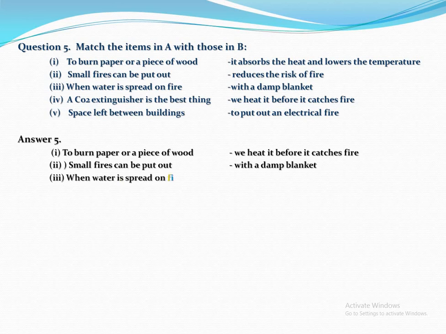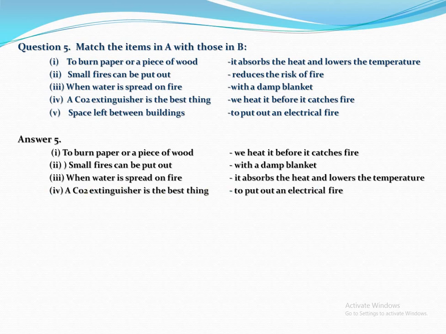Third one, when water is spread on fire, it absorbs the heat and lowers the temperature. Fourth one, a carbon dioxide extinguisher is the best thing to put out an electrical fire. And last one is space left between buildings is matched with reduce the risk of fire.